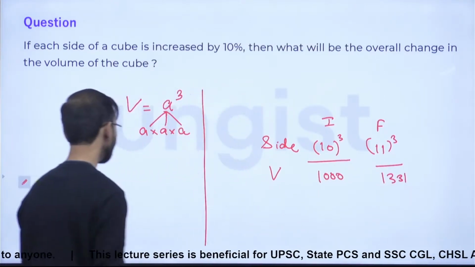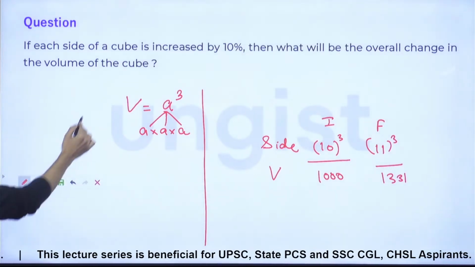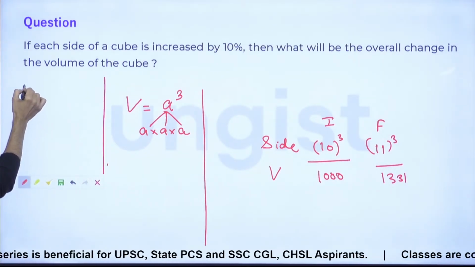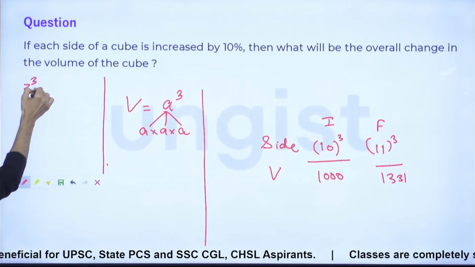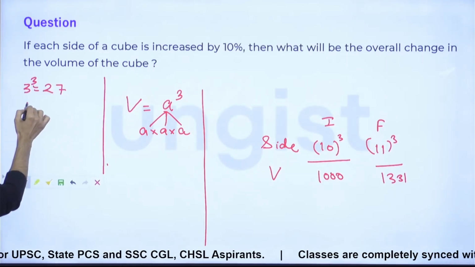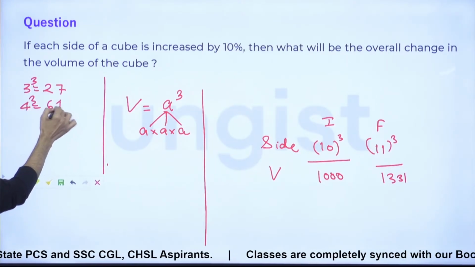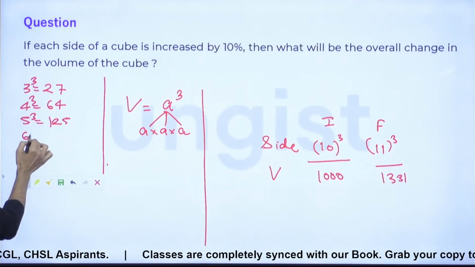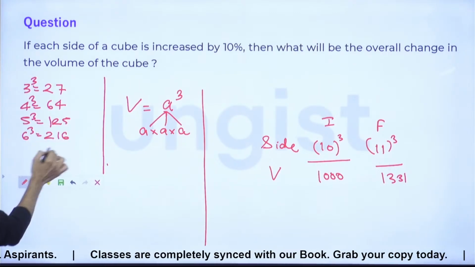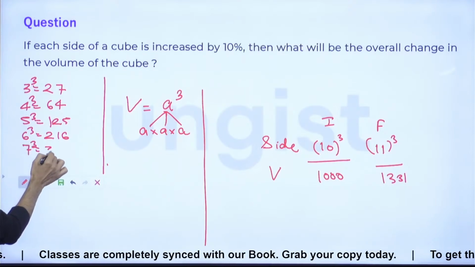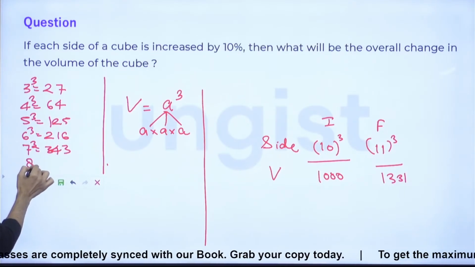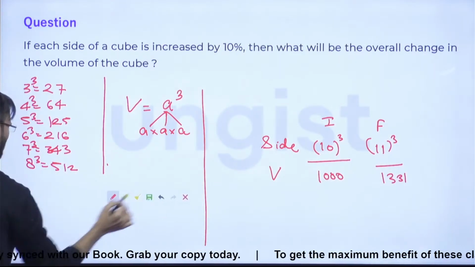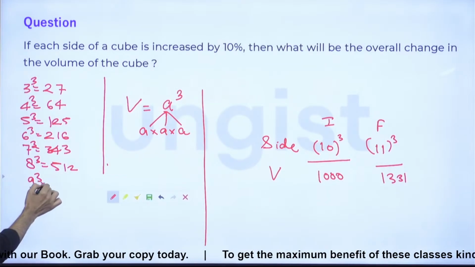Yeah. See everyone, आपको कम से कम 12 तक का क्यूब पता होना चाहिए. So do you know what is 3 cube, guys? 27. What is 4 cube? 64. What is 5 cube? 125. What is 6 cube? 216. What is 7 cube? 343. What is 8 cube? 512. Good. What is 9 cube? 729.